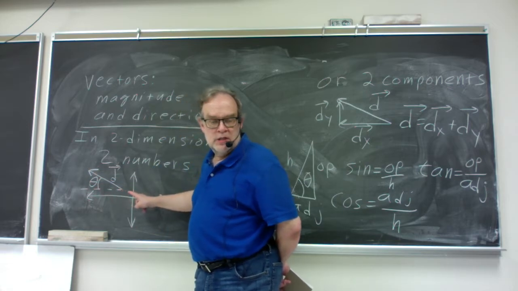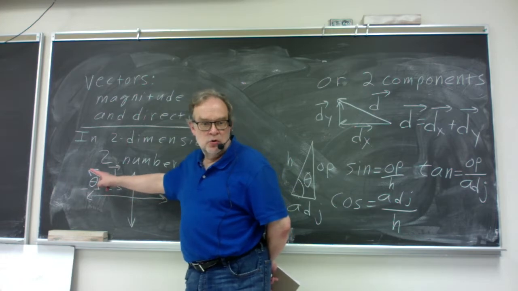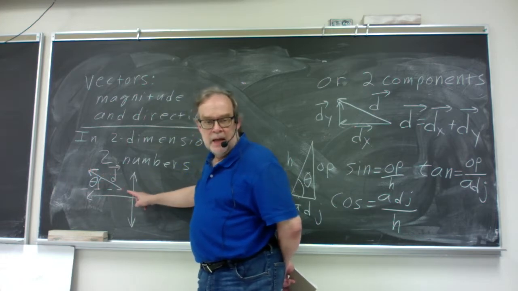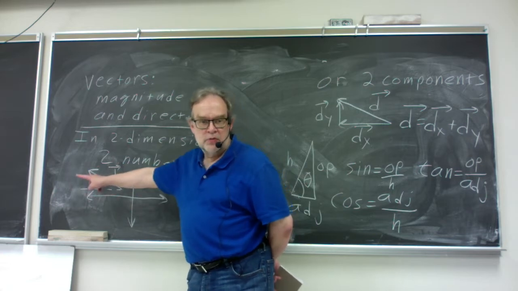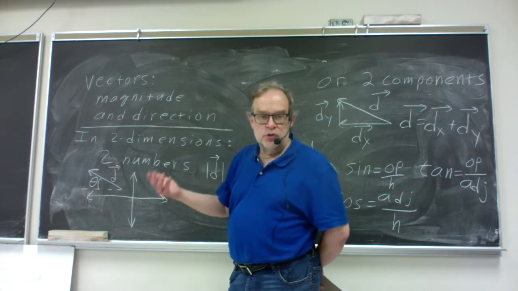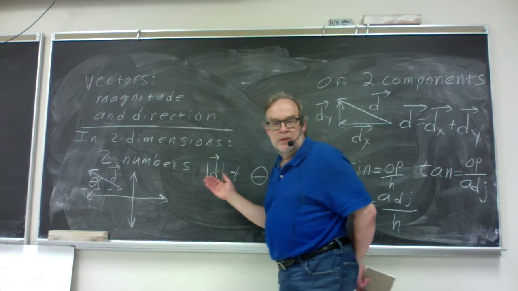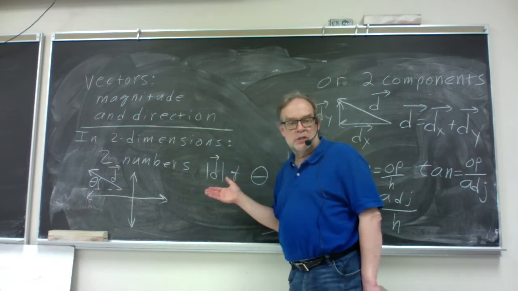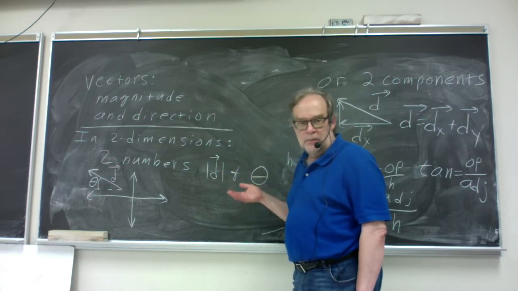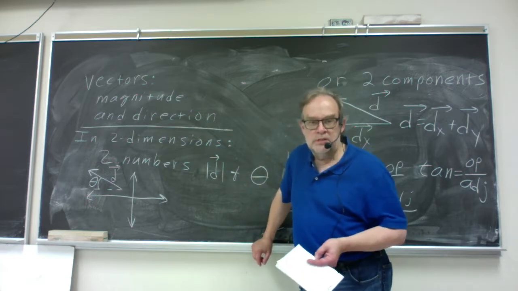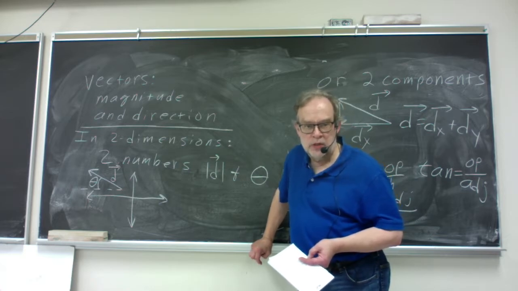So as always, the displacement vector points straight from the initial location directly to the final location, and the magnitude of the displacement vector is the distance between the starting point and the finishing point.